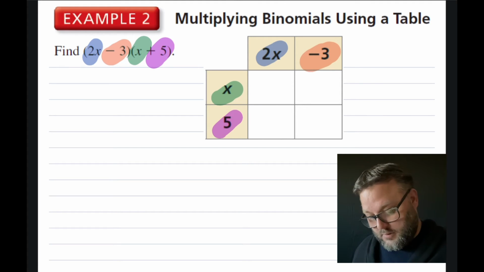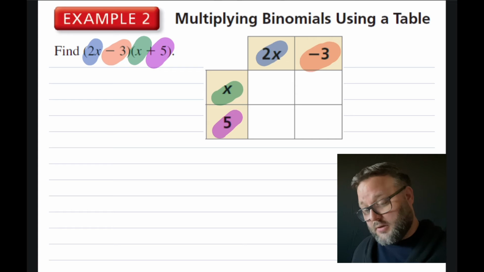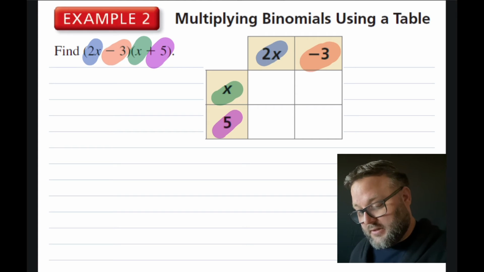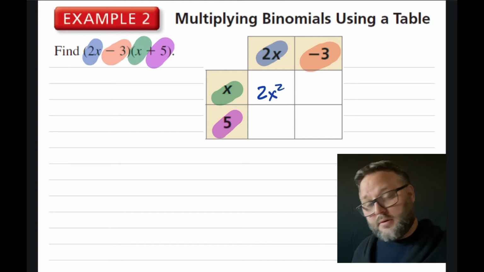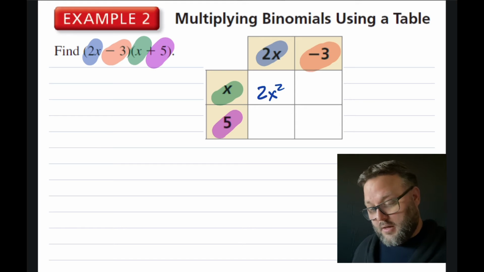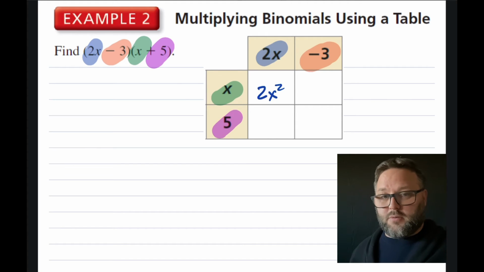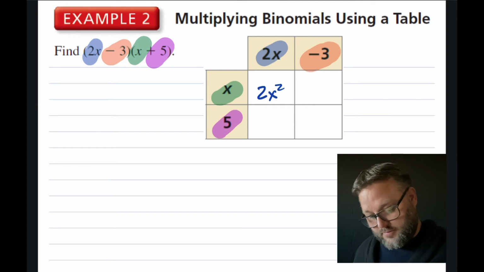Well, now I see that 2x times x is 2x squared, because I'm going to multiply the coefficients, and then since the variables are the same, I'm going to raise it to the power, or add their powers. All right, now I have x times -3.